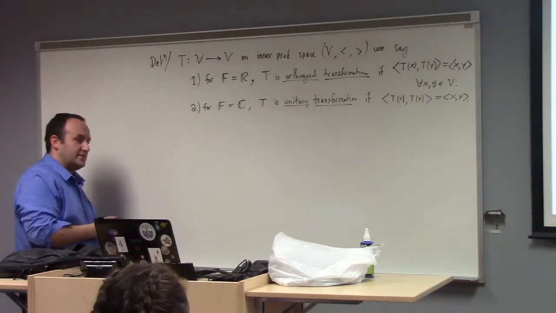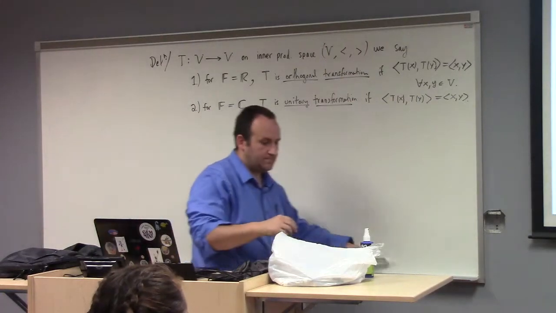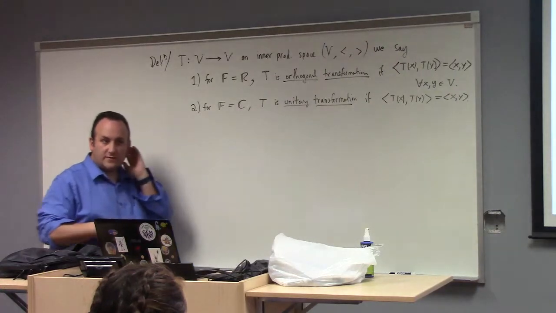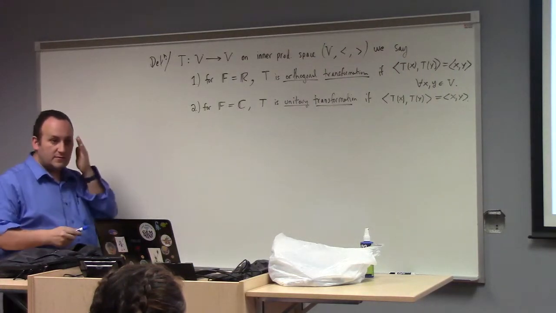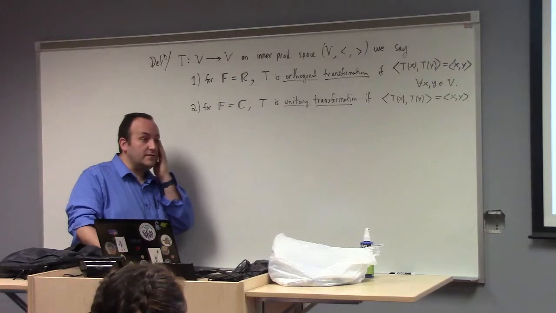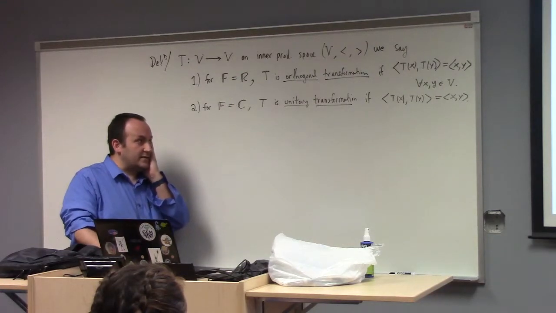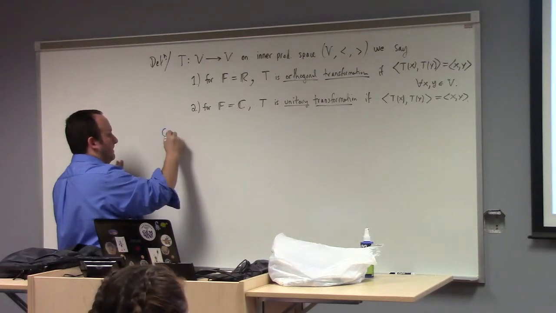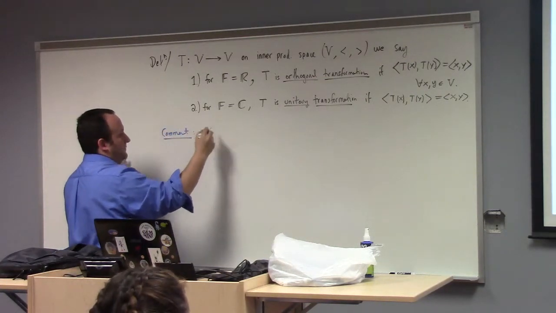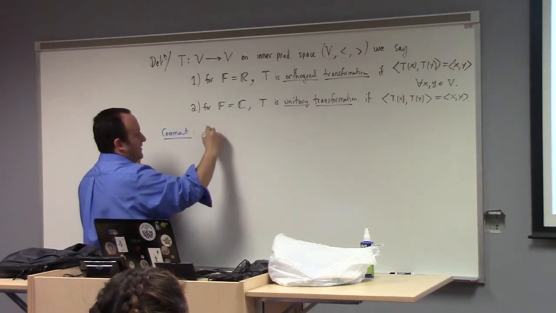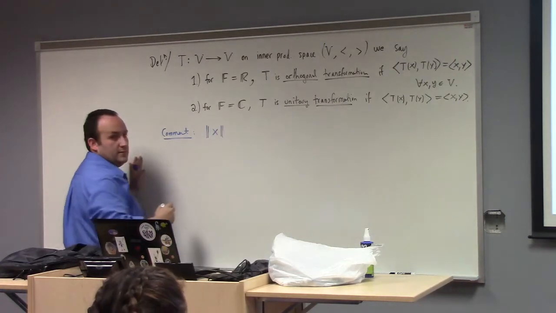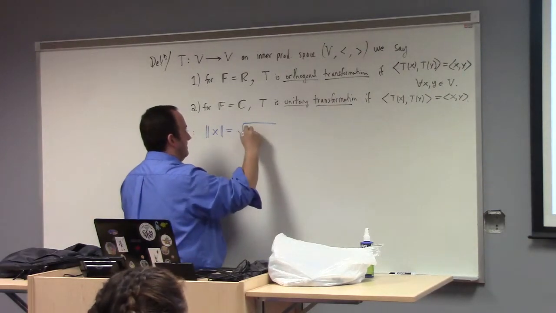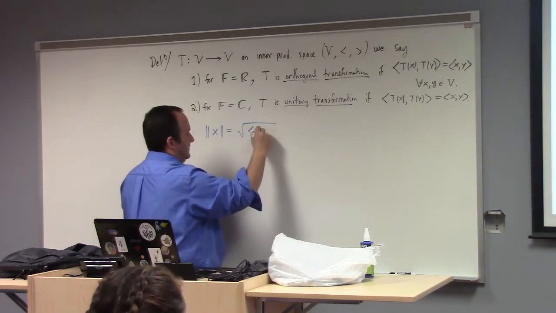What can we say about orthogonal transformations? Well, they maintain the angle between points. Do you guys remember how we defined the angle between two vectors? If we look at the norm of x, that is equal to the square root of the inner product of x and x, right?